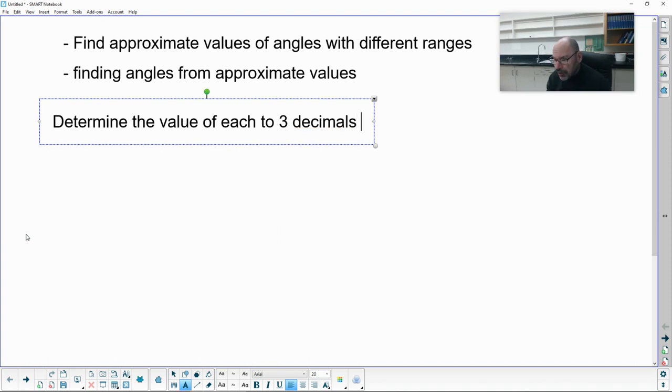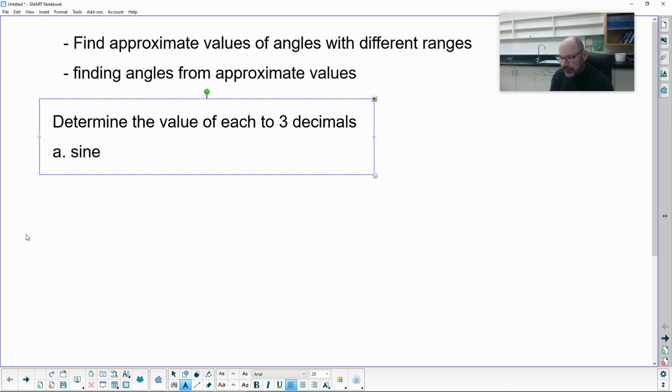We'll start out with the easiest one of all, something like sine of 20 degrees. I don't have a degree symbol on this, so I'll just use them.